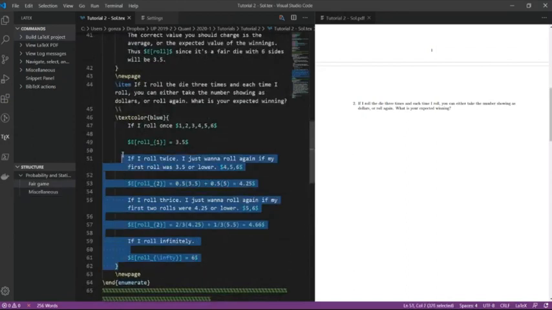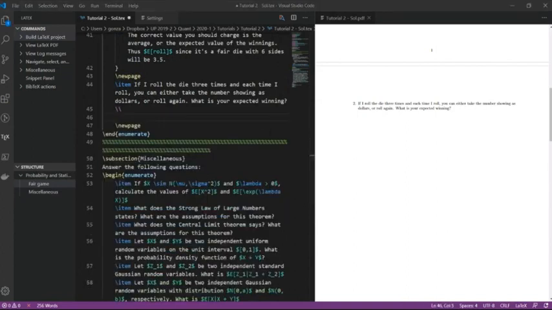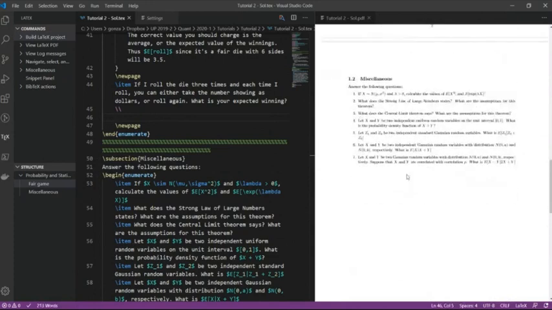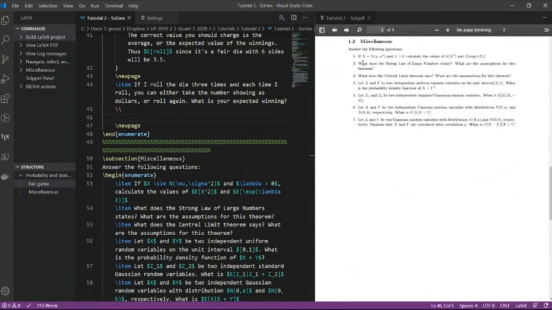I'm going to erase all of this, save it on a notepad, and it should compile. Yes, it's compiling now.